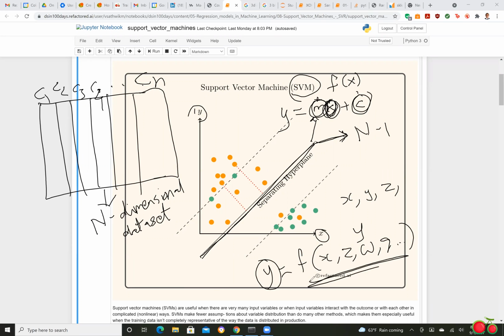If I'm trying to predict a single variable here, how many variables will I have? My function will have n minus 1 variables. And that's exactly what I'm trying to say: this function or this hyperplane that you get is always going to be n minus 1 in nature.